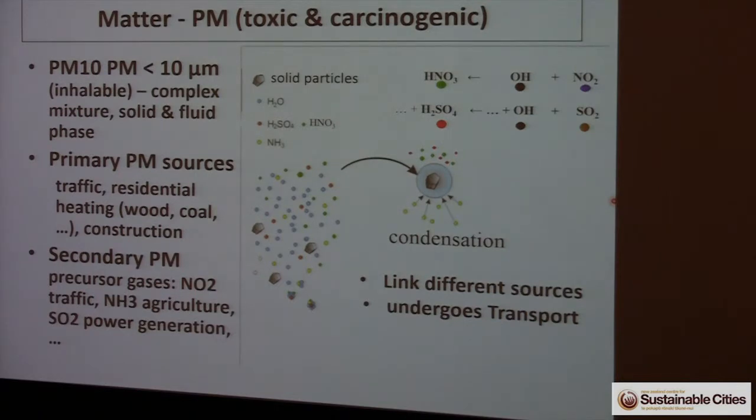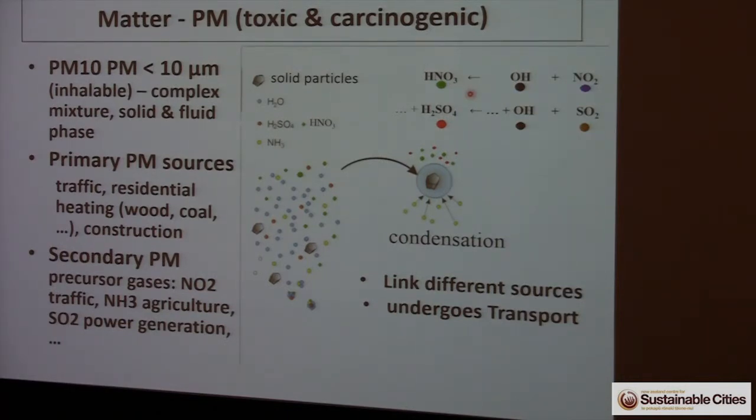And there is a secondary formation path. This is secondary formed particulate matter. Precursor gases like NO2 from traffic or SO2 from industry react with the OH radical to form strong acids.